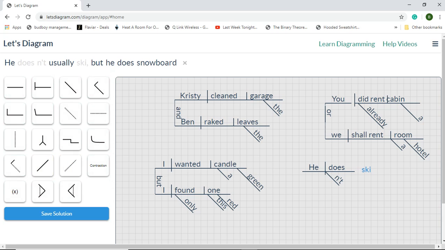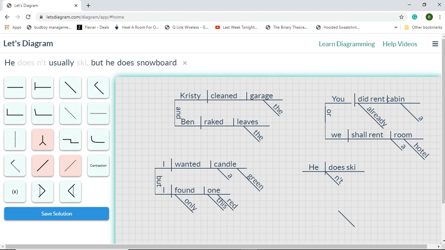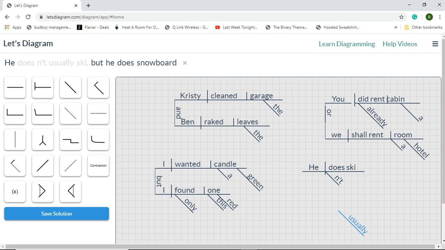Okay, over here. So does ski will be our verb phrase. Usually can be a little complicated sometimes. So usually comes in here. That, my friends, is an adverb. Oh, I'm so sorry. Adverbs. They're modifying the verb phrase does ski. Not is an adjective, usually is an adverb. I misspoke.